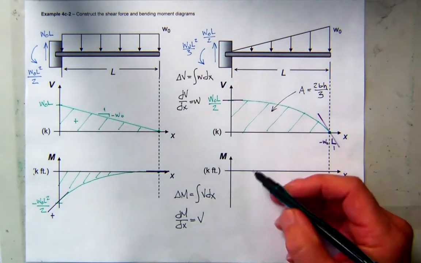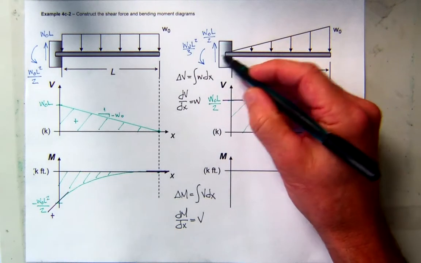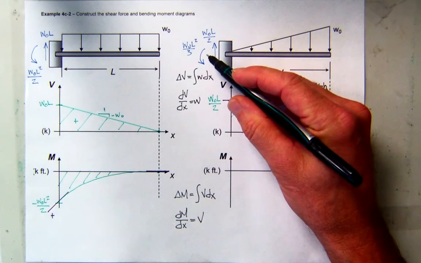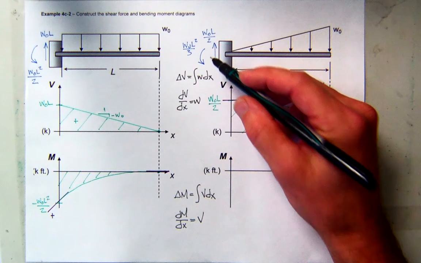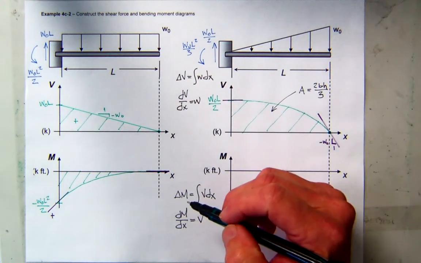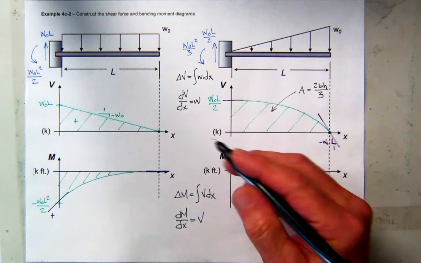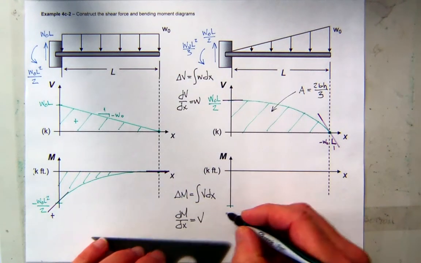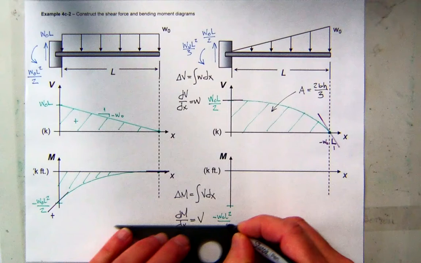And my moment's going to start initially here at what value? W0 L squared over 3. Is that a positive bending moment or a negative bending moment? Is it going to make you frown or is it going to make you smile? Frown. So you're going to start off negative. That'll be minus W0 L squared over 3.